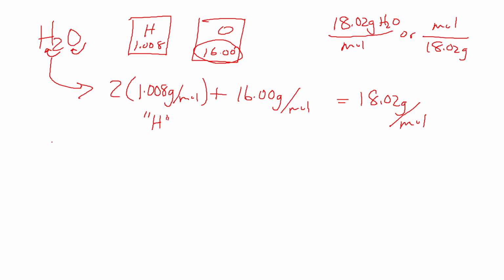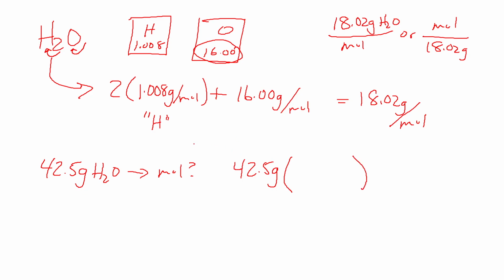So let's just say in this particular case, we had 42.5 grams of water, and we want to know how many moles that is. So again, we would start with 42.5 grams. We're going to divide in this case and get grams in the opposite location. So once again, grams are up on top, opposite cancels, 18.02 grams of water on the bottom per mole of water.